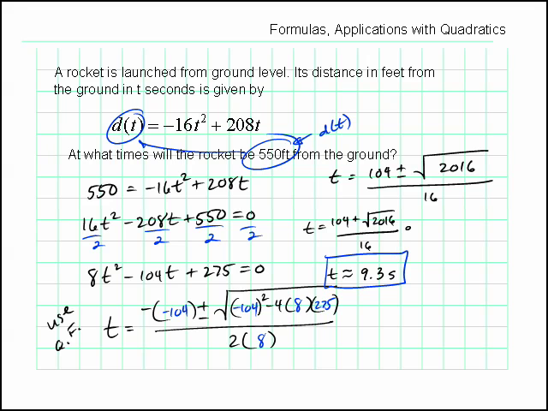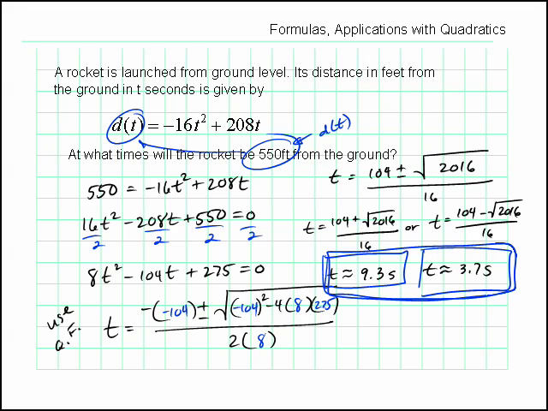If I use the minus sign, I actually do get another answer here. I'm not going to cross this one out because it actually makes sense to our problem. This is 104 minus the square root of 2016 divided by 16, and I get about 3.7 seconds. And so these are my 2 answers. There are actually 2 times when the rocket is at a height of 550 feet.